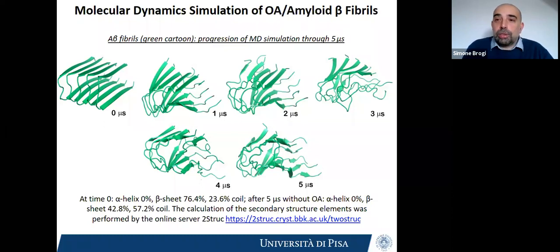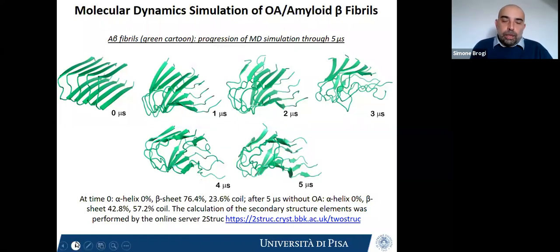And so comparing the two simulations, it is also possible to perfectly highlight the destabilizing role of oleuropein aglycone within the amyloid beta preformed fibrils.